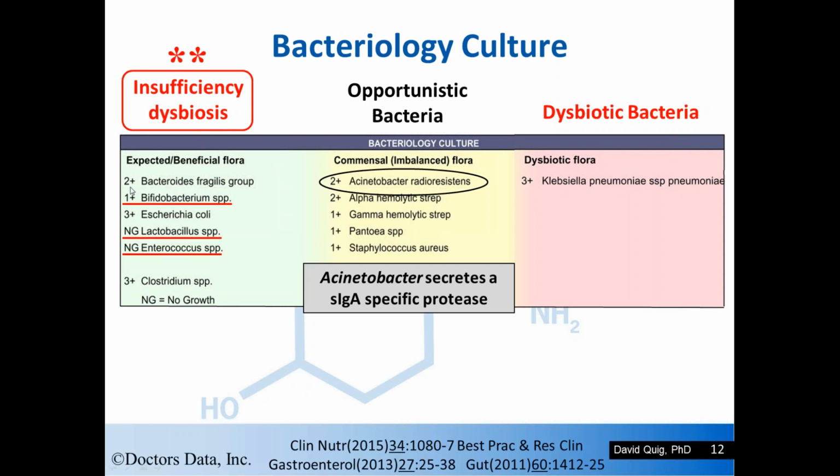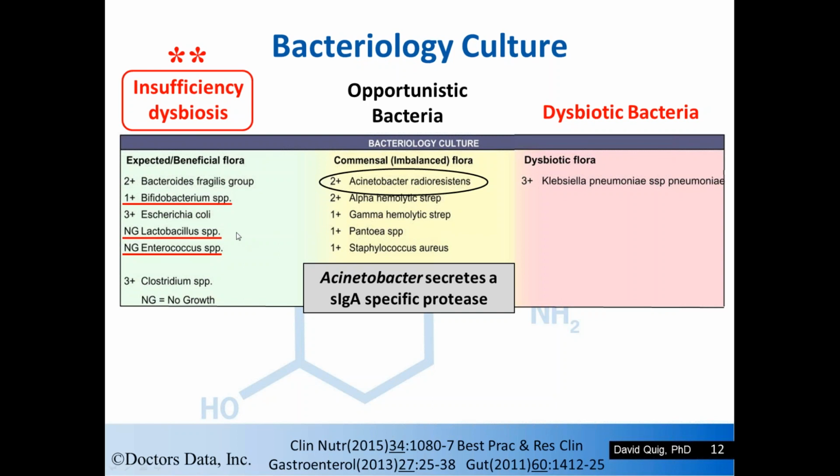Now, with such insufficiency dysbiosis, we often see many commensal bacteria, most of which are just benign. Some have properties such that they're redundant and help do the job for the missing beneficial bacteria, but others are not so nice, such as Acinetobacter radioresistens, which in fact secretes a secretory IgA specific protease. So it has an ability to knock out one of our first line of defense in the gastrointestinal tract.